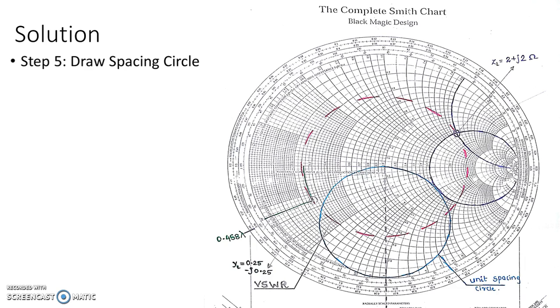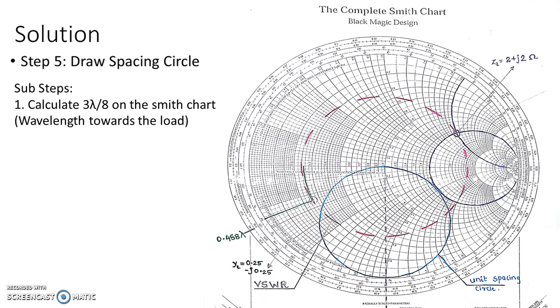The first step in drawing the spacing circle is to calculate 3 by 8 lambda on the Smith chart. Here we will use wavelength towards the load, because I am coming from the matched point towards y11. What is the match point?